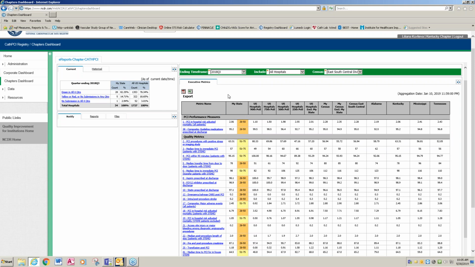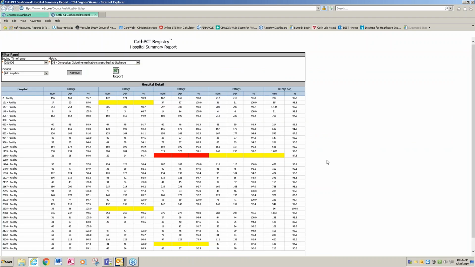So the first metric that we looked at was the composite for medications, and it works exactly the same way that we used to work with the dashboard for our hospital data, and it drills down for each hospital.